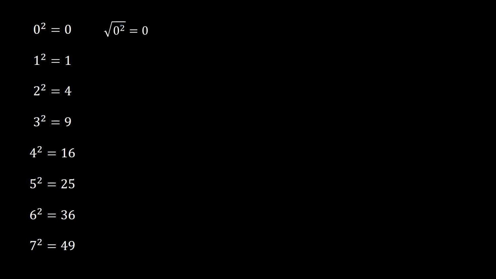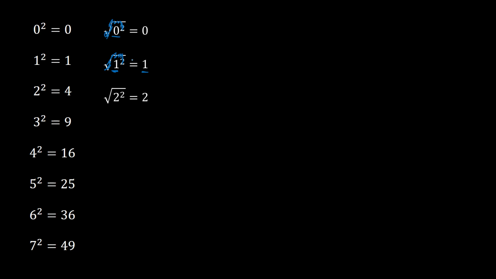So if I see something like this, where I have a square and a square root, I can basically just get rid of both the square and the square root, and my solution would just be the 0 on the inside. Let's look at the other problems. Here we have, instead of writing just the 1, we have 1 squared. And if we cancel the square and the square root, notice my answer is going to be 1, just like it is right there.